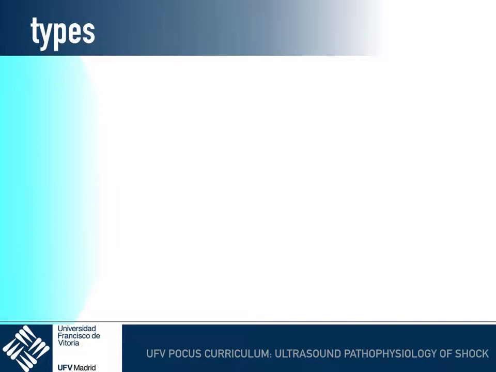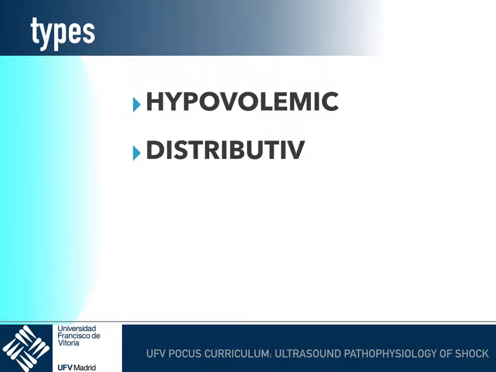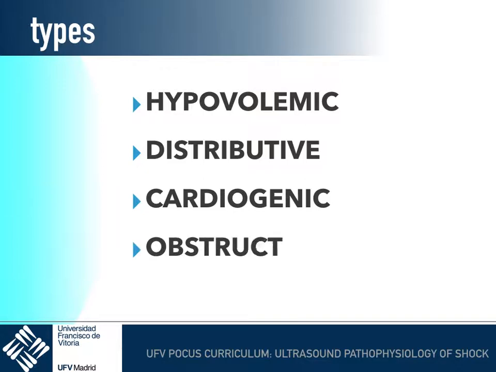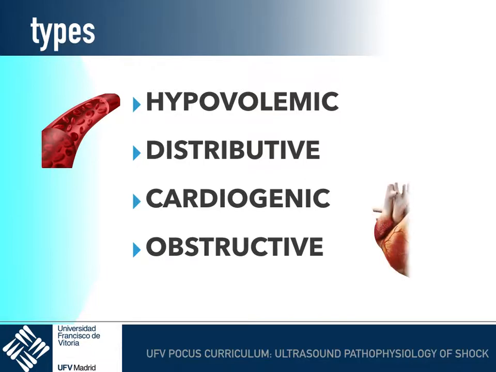So there are different kinds of shock: the hypovolemic shock, the distributive shock, cardiogenic shock, or obstructive shock. Both the first two, the hypovolemic and the distributive shock, are affecting the blood or the vessels, and the cardiogenic and the obstructive shock are more related to the heart and the surroundings of the heart.